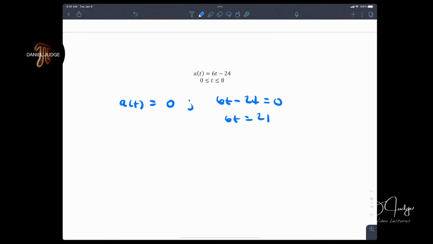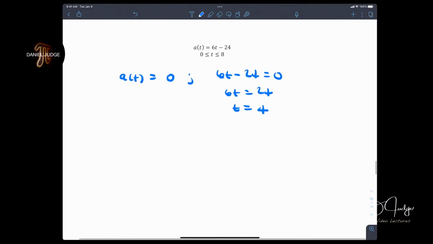Or 6t is 24. When t is 4, my acceleration is 0. So I'm going to go through the same process, start at 0, end at 8. We know at t is 4, the acceleration now is 0.